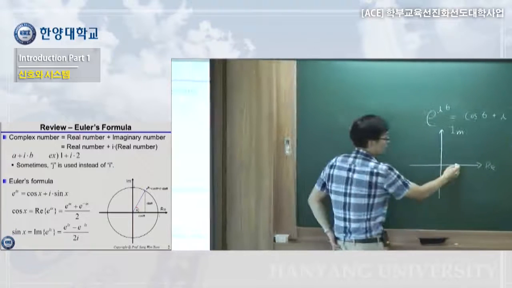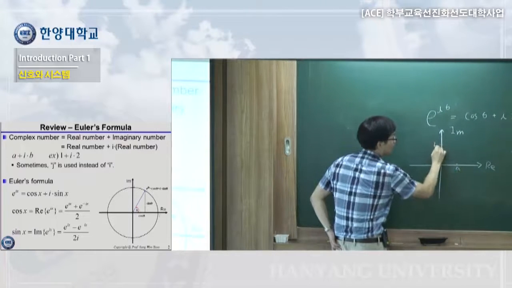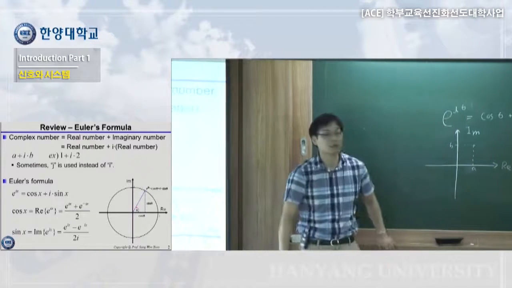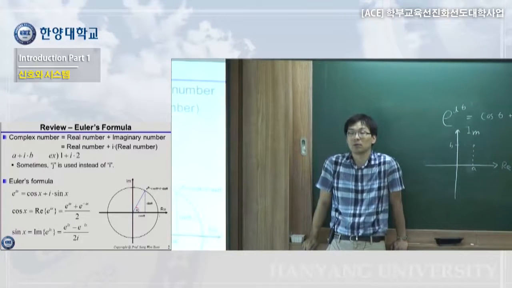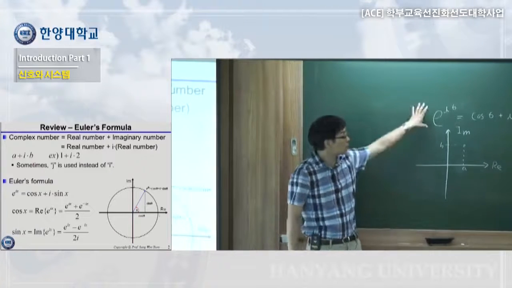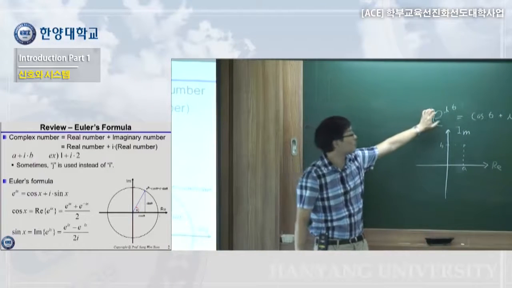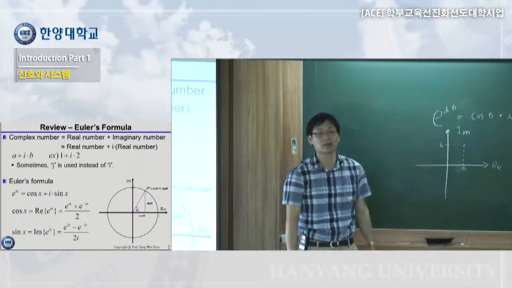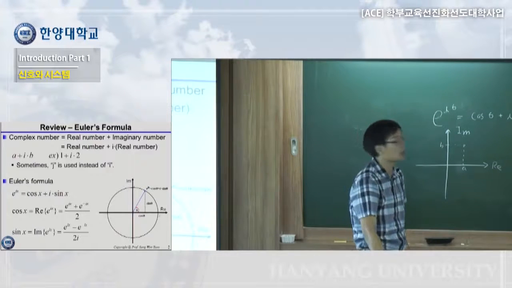You will say, okay, there's a here, b here, and here is the complex number. You know that, right? So this one gives you an idea that this e to the j theta is totally a complex number.